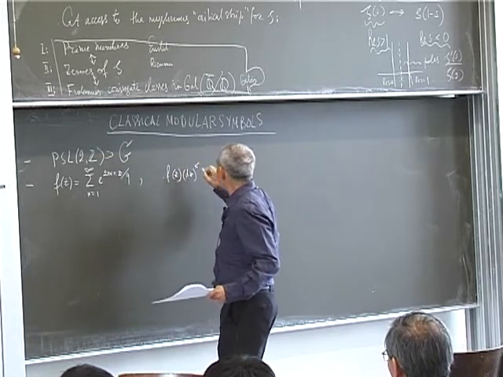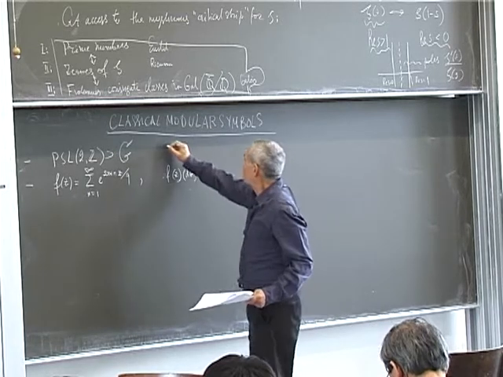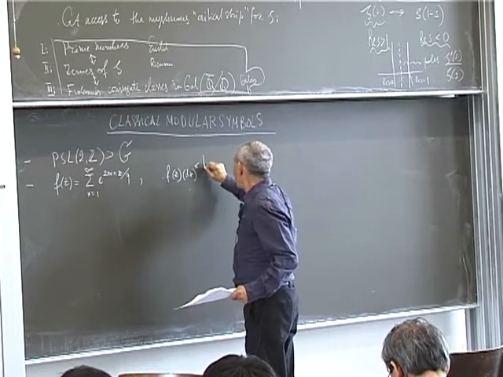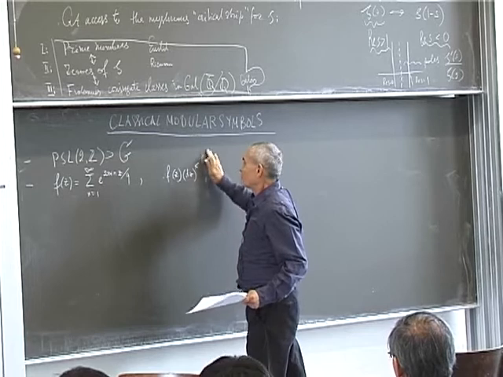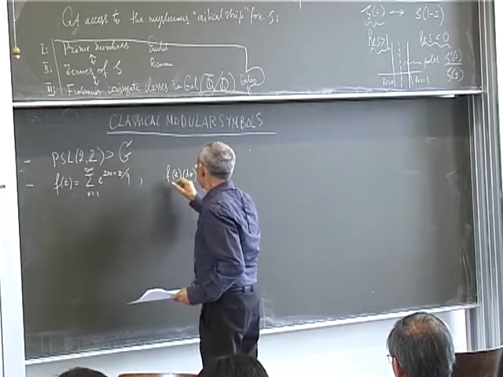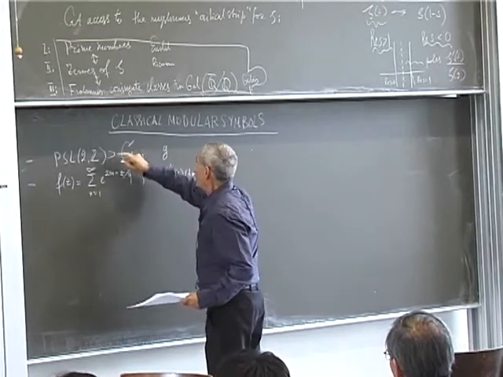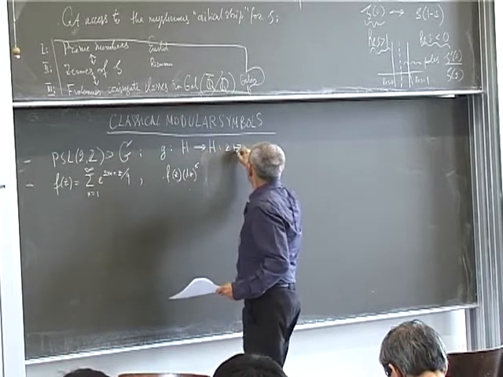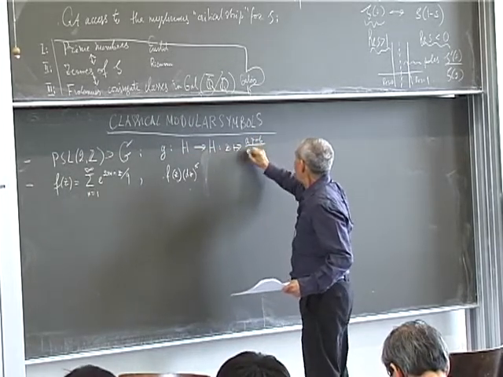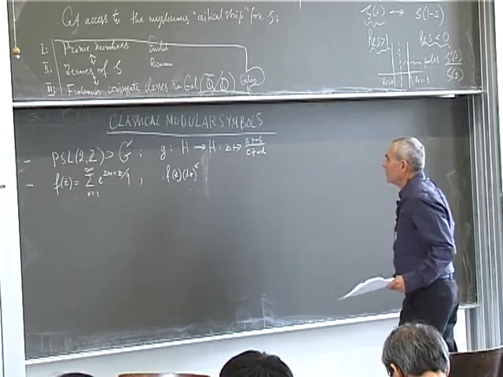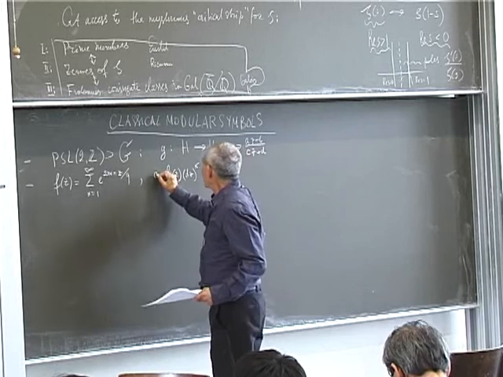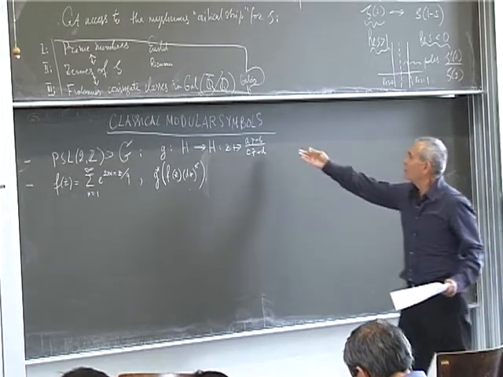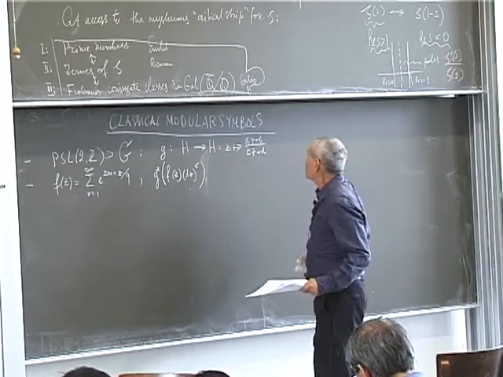I will take a formal tensor differential of some power k, and I just will ask it to be invariant with respect to elements of this group. So if I have an element in this group, and I am considering it as a map of the upper half plane to here, then these tensor differential forms are, of course, these usual differentials contravariant with respect to, well, this is, of course, a holomorphic automorphism of H, the upper half plane.